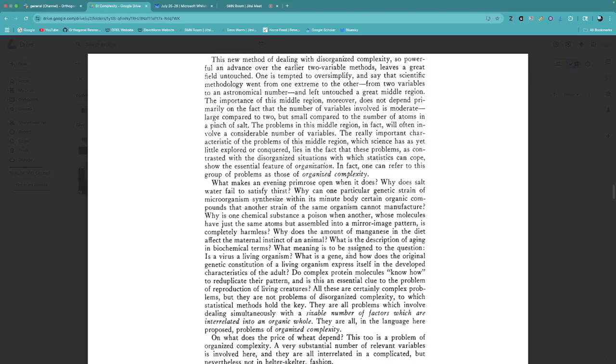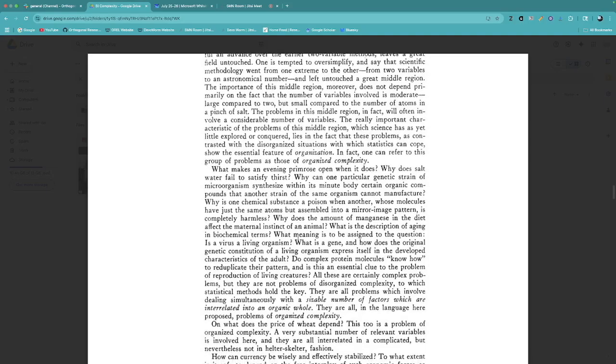So he gets into this section where he talks about what makes an evening primrose open when it does. Why does salt water fail to satisfy thirst? Why can one particular genetic strain of microorganism synthesize within its miniature body certain organic compounds that another strain of the same organism cannot manufacture? And he just goes through all of these things.